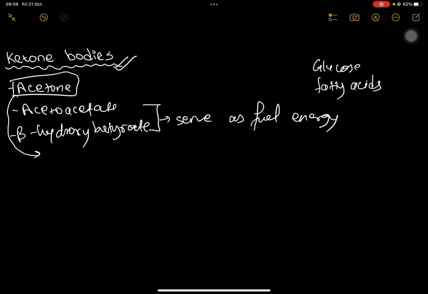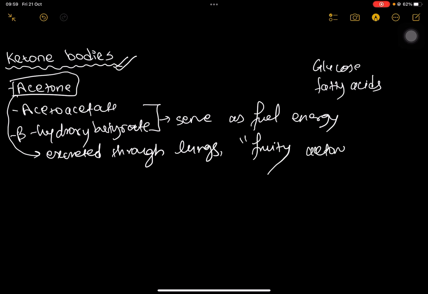Rather, it is very important in the diagnosis of ketoacidosis because it is excreted through our lungs and gives a fruity acetone smell. So in case of ketoacidosis, a patient can have a fruity acetone smell. It is important for making the diagnosis, but it does not serve as fuel energy for our body.